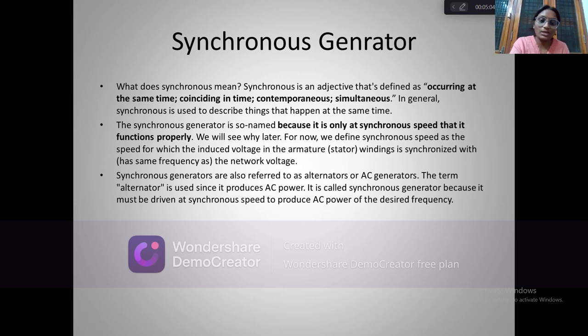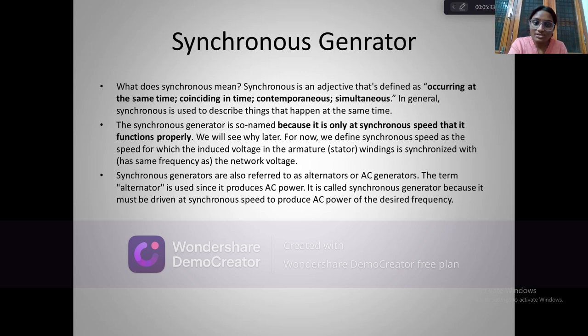Synchronous speed is like simultaneous speed, and we'll see this later. For now we define synchronous speed as the speed for which the induced voltage in the armature or stator windings is synchronized with the network voltage. Synchronized refers to having the same frequency.